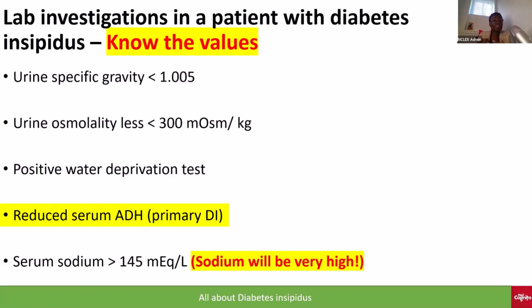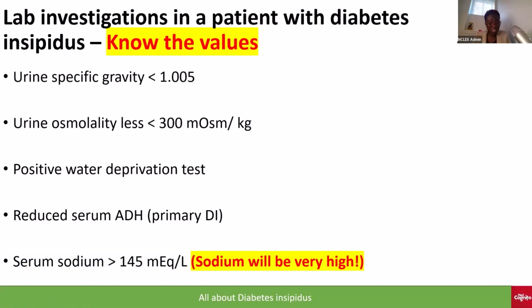And as the client is giving out too much dilute urine, there will be serum sodium going up in the blood. So there will be hypernatremia. When we take the blood sample, we're going to get serum sodium more than 145 milliequivalent per liter.